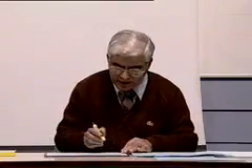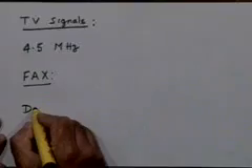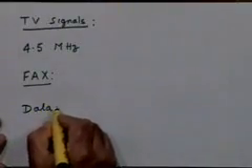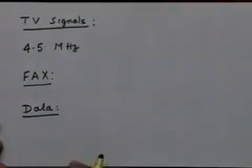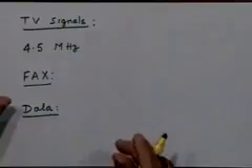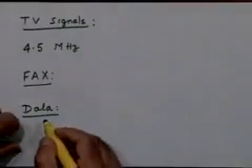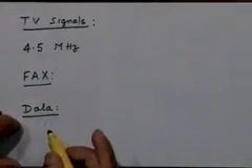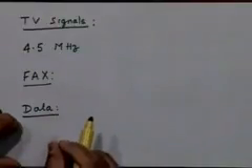So I think this much discussion about the information sources for the movement is good enough, except that let me say one last thing about the data sources. The sources that I have discussed so far are basically different from this source in one major way, and that is they are analog sources.